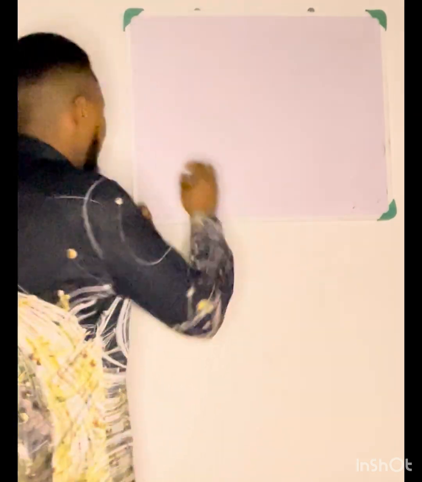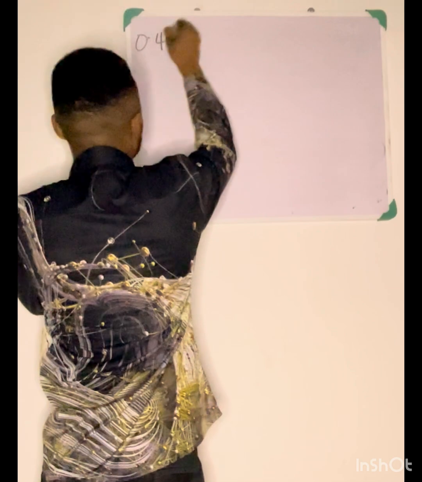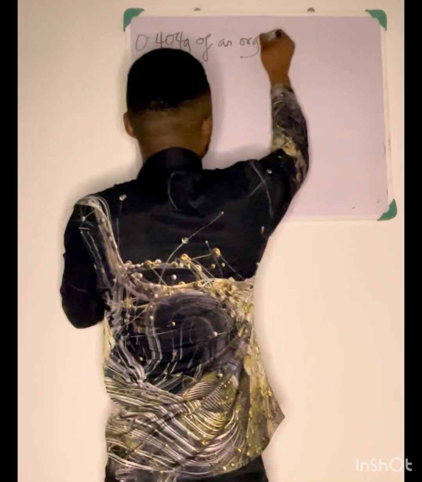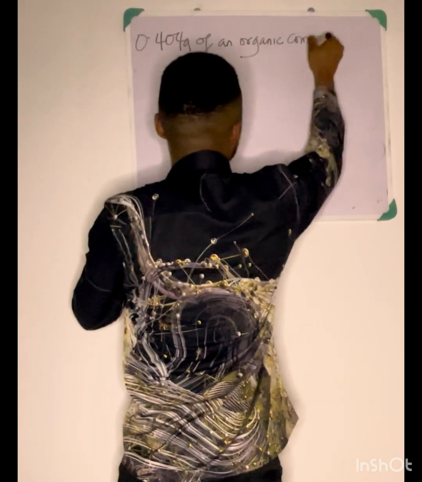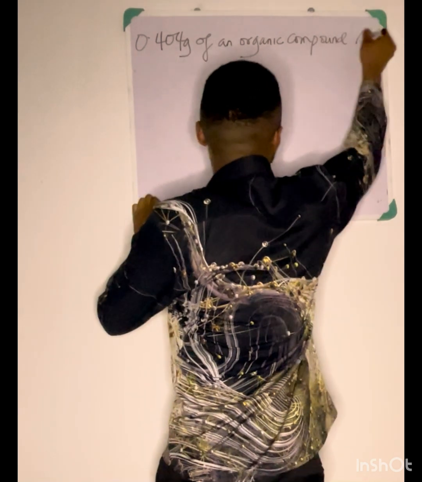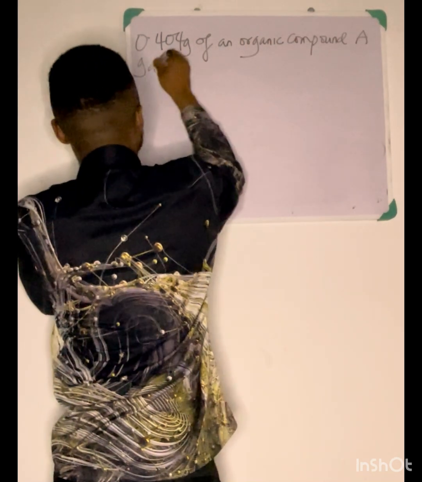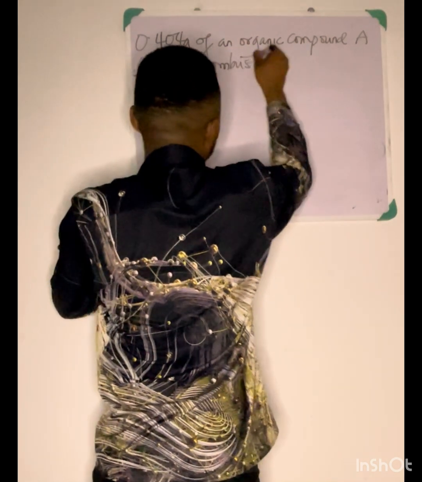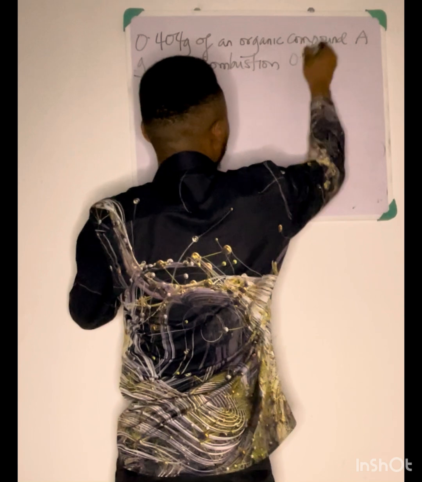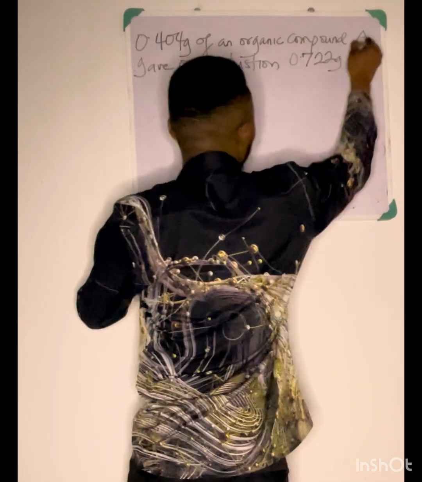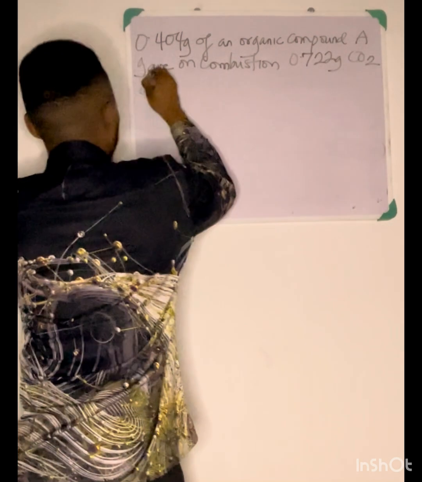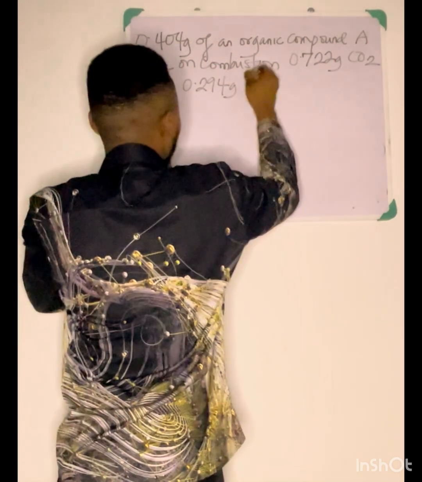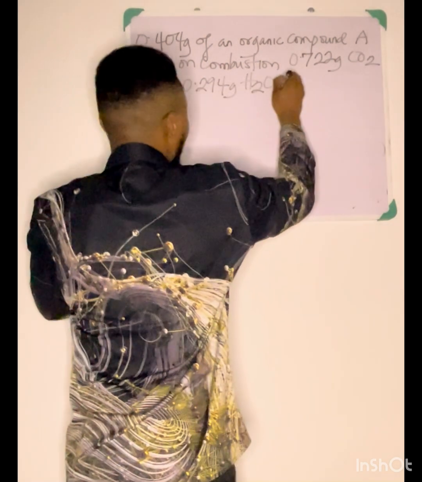Look at this. 0.404 grams of an organic compound A gave on combustion 0.722 grams CO2 and 0.294 grams H2O.